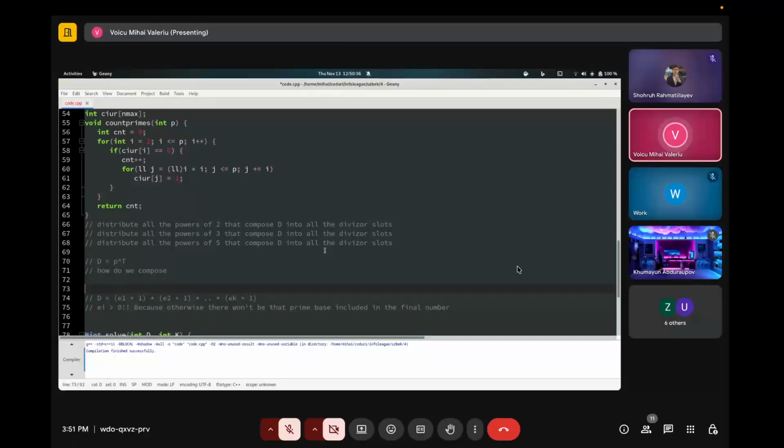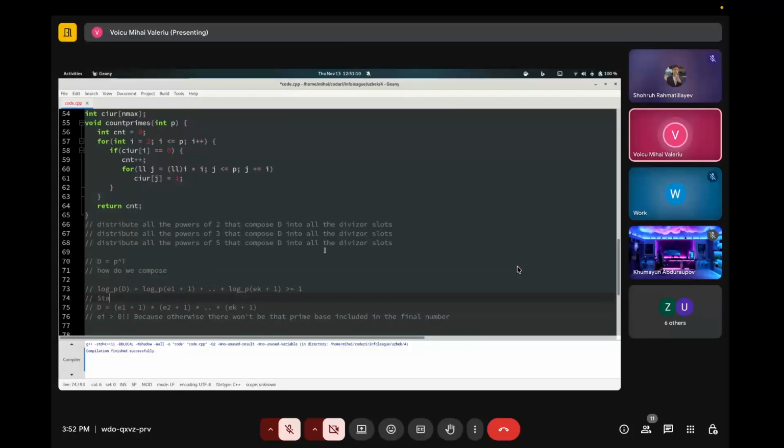So then we can take the logarithm in base P, and it would be equal to a sum of logarithms. Each one of these is greater than or equal to 1, and the sum of these values is equal to some set value.